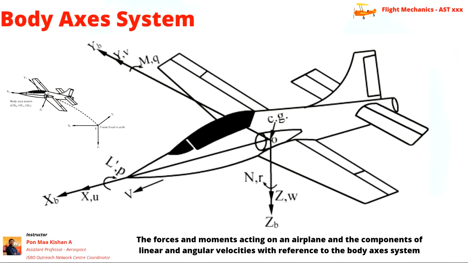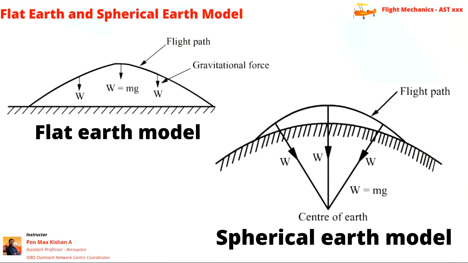The body axis system, I will explain in the next topic along with other factors, how it will be working. And flat earth concept, yes, we are taking a flat earth model, comparing the flat earth model and the spherical earth model.